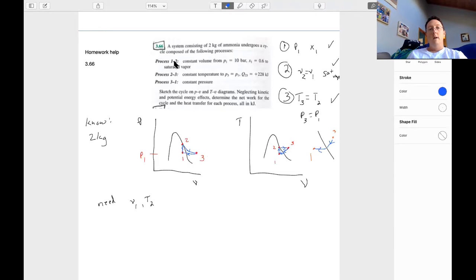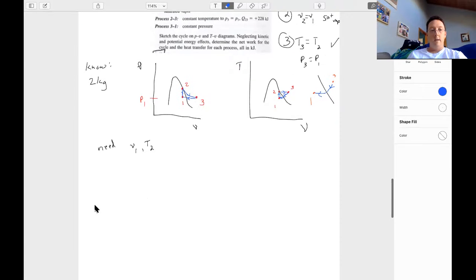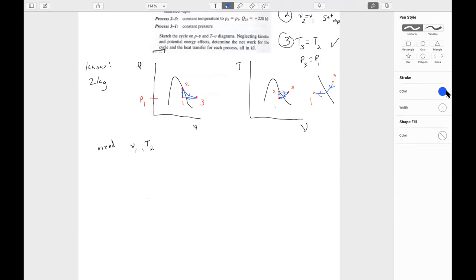From 1 to 2, I know it is constant volume. So let's make a list here. Let me change back to black. From 1 to 2, constant volume. Work from 1 to 2, what is that?